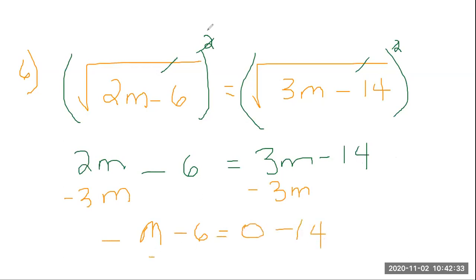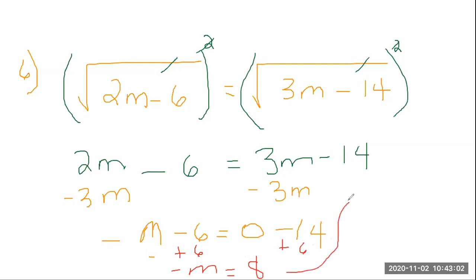So now I'm going to add 6 to both sides. So negative m is equal to, what would that be? 8. And now I have to divide by negative 1 because this is a negative m, but I want positive m.